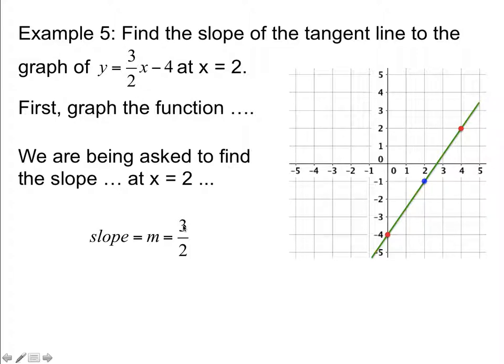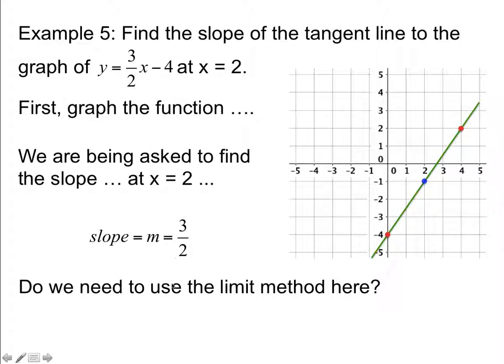So the algebraic slope and the tangent slope are literally the same value. In this case, we don't have to use the limit method. That's kind of nice. And just notice that the slope is just a number. This x has nothing to do with the slope. The slope is just that coefficient in front of the x.